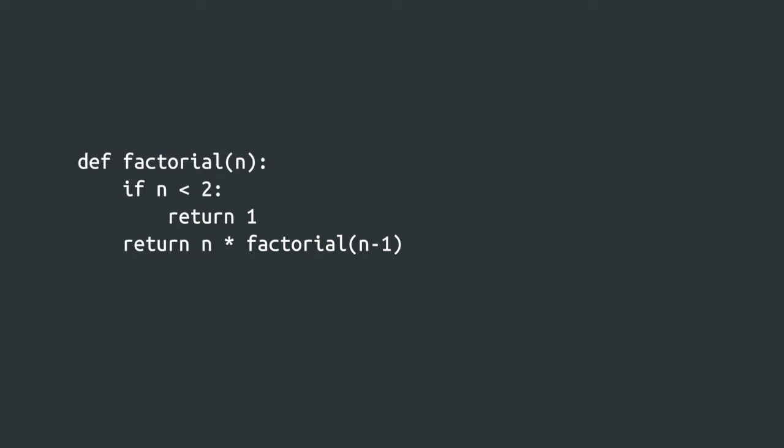Each time the function is executed, it calls itself with a smaller number until it reaches the base case. Once it reaches the base case, it returns the value 1, and then the previously called function multiplies that by 2, and the previously called function multiplies it by 3, and so on. This loop will keep going until the first factorial function called returns the desired result. It's a bit complex, right?